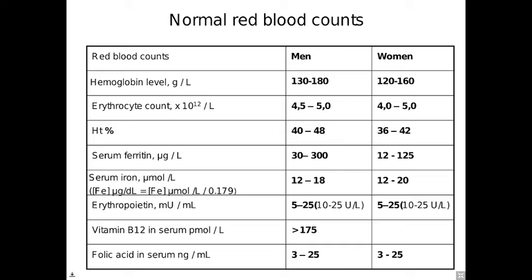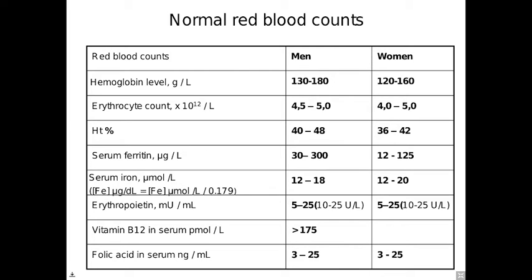We need to realize the stepping character of anemia, considering hemoglobin, the level of red blood cells, hematocrit, the level of the iron stores, namely serum ferritin level for male and for female population. We must consider serum iron. We must consider level of erythropoietin.